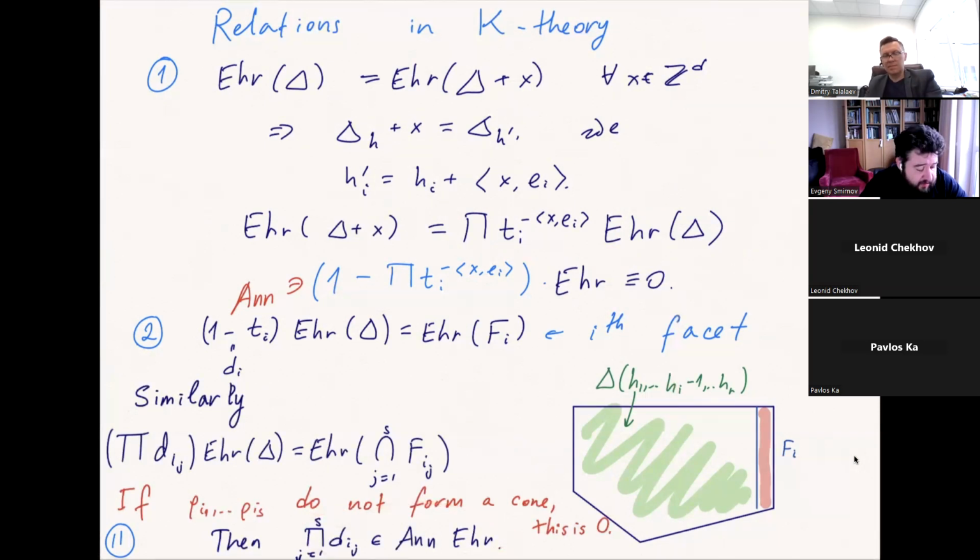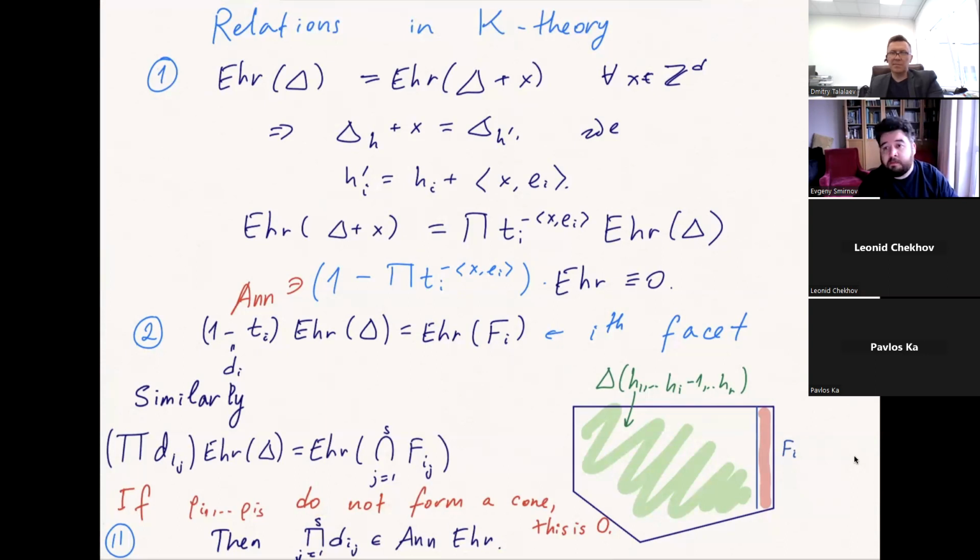Okay, and this is just a new viewpoint on some known stuff. I mean, the K-theory of a toric variety was described in various papers, but I think we get a new look on this, and that's kind of funny.